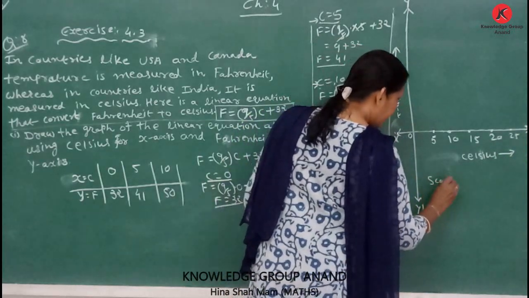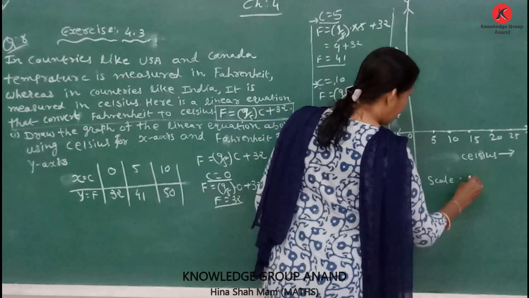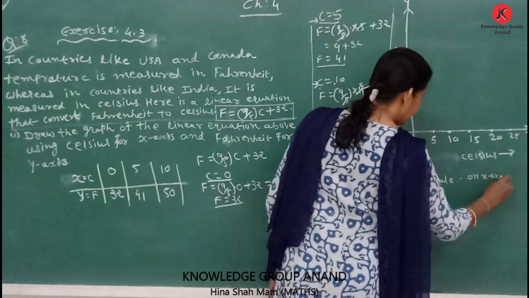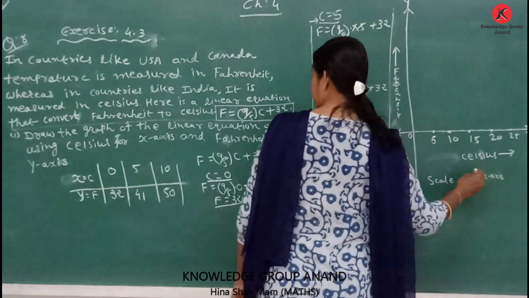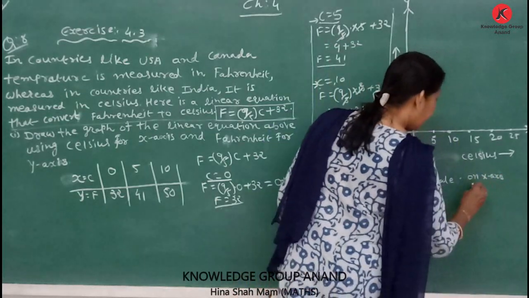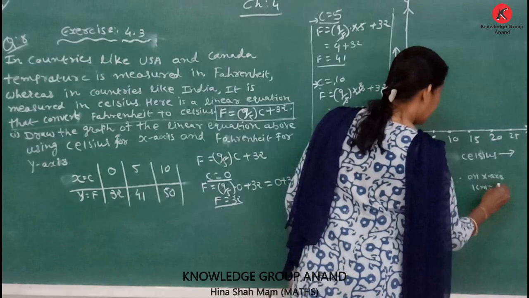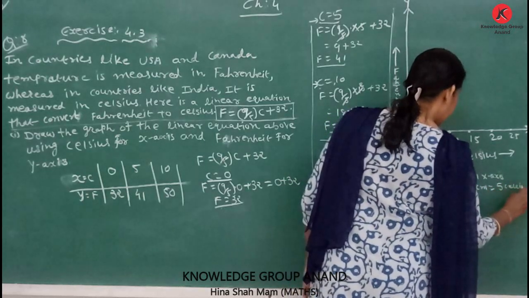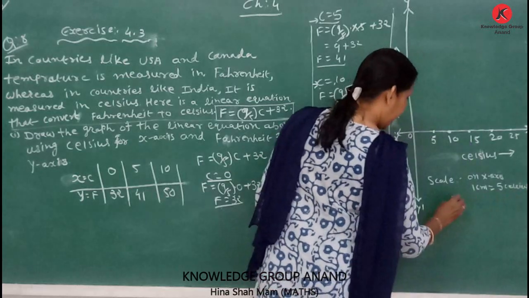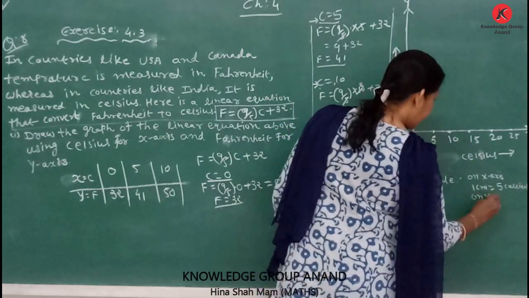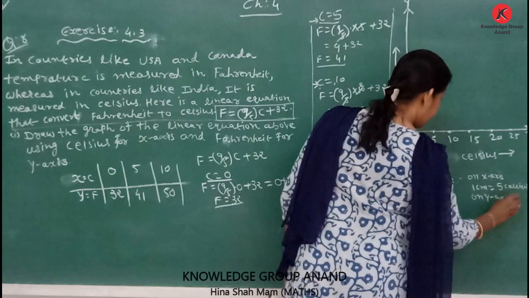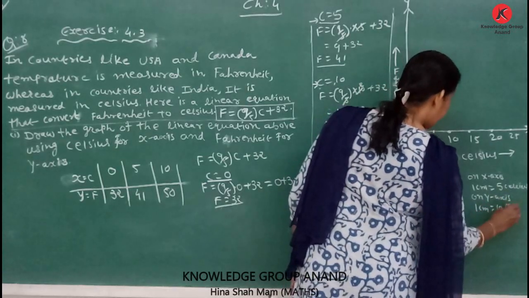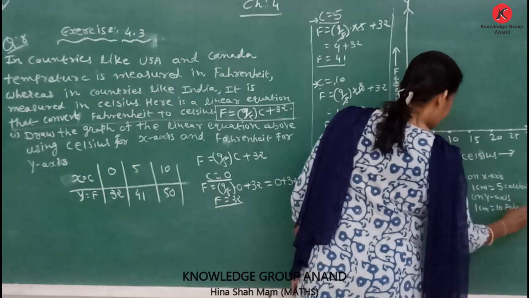Scale on x-axis 1 centimeter is equal to 5 Celsius, and on y-axis 1 centimeter is equal to 10 Fahrenheit.